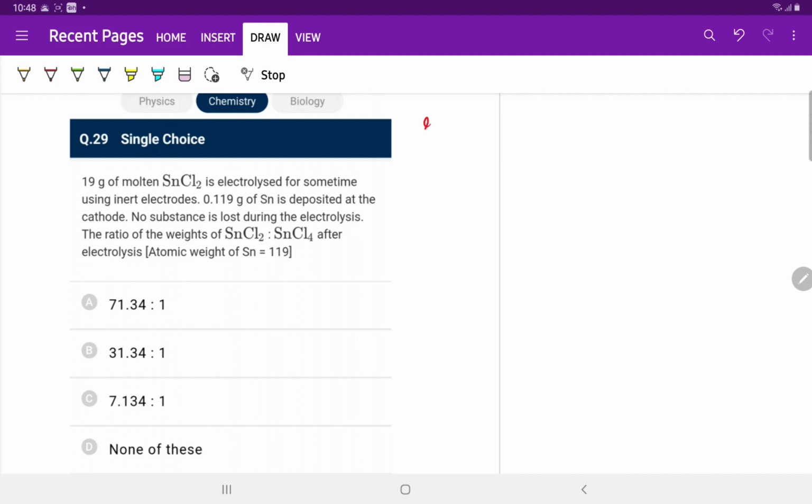We know very well that 2 moles of SnCl2 give SnCl4 plus Sn. The molecular mass of SnCl2 is 119 plus 71, which is 190. 190 into 2 is equal to 380 gram, which gives 261 gram of SnCl4 and 119 gram of tin.